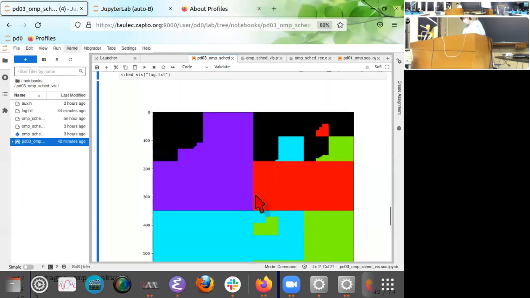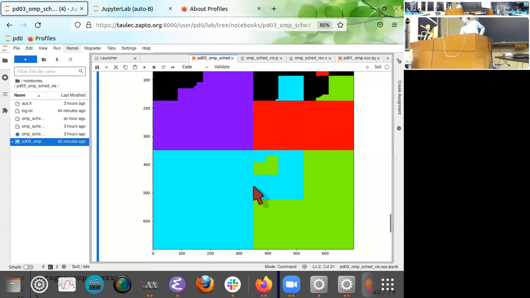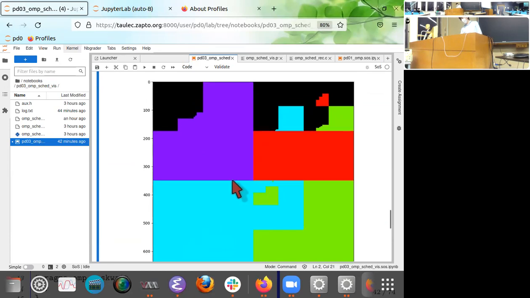Okay. So again, remember that this lower triangular part does not have almost any work. So it's going to finish very quickly. So the upper part will be divided further. So this part is almost entirely worked on by a single thread.